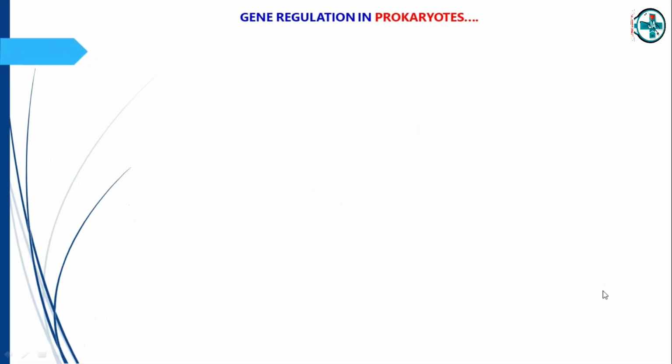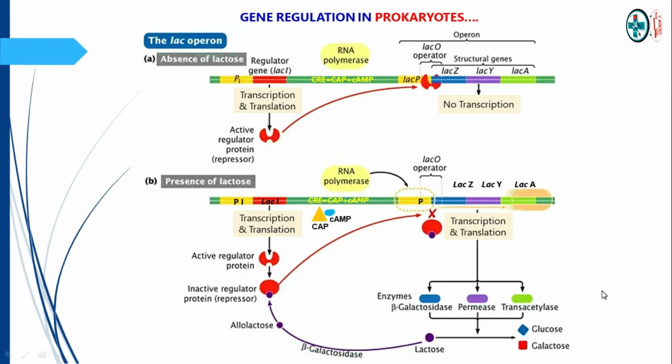Now we'll understand with the help of this figure. There are two scenarios. One is absence of lactose and another one is presence of lactose. This is the lac operon concept. In the absence of lactose, on the left-hand side of the figure, the operon consists of lacI, which is a constitutive gene creating mRNA by transcription, which then undergoes translation and codes for the repressor protein, tetramer subunits, which bind to the operator.